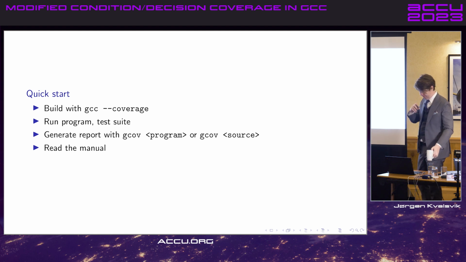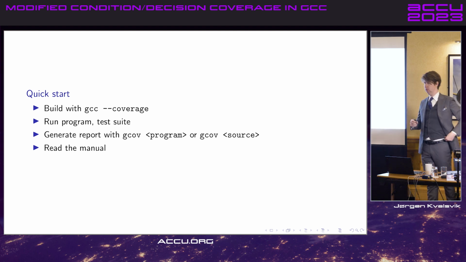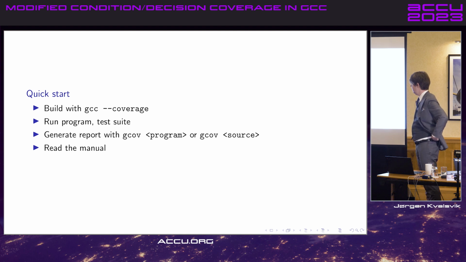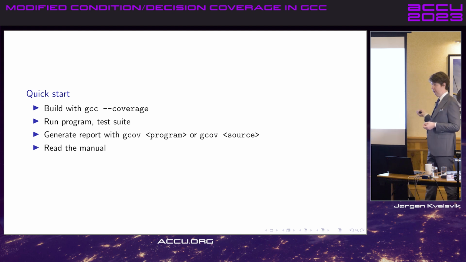So the quick start with coverage in GCC is to build with double dash coverage and link with double dash coverage, in case you split your build. You run your program, your test suite, with whatever inputs you find appropriate, and then you generate the report by running gcov and the program, or variations of gcov and the source file.